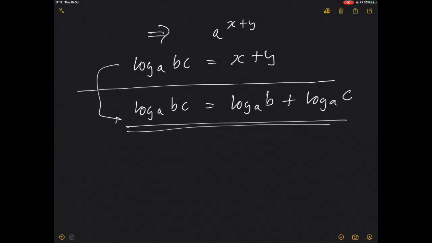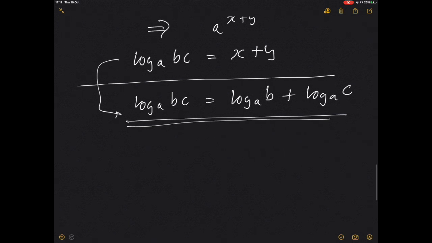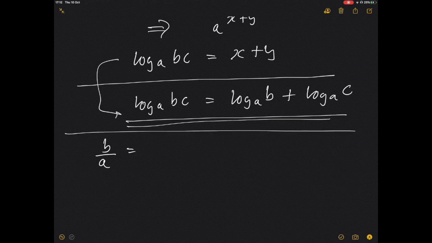Likewise, we have something similar for division. If we were to say that b over c equals a^x over a^y, that would be the same as saying b over c is equal to a^(x minus y).